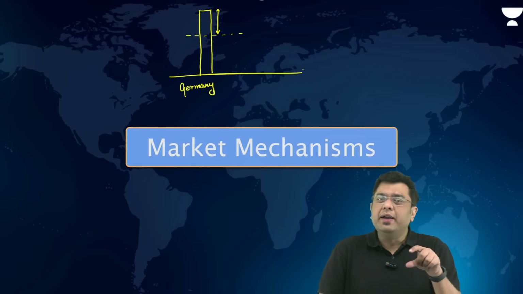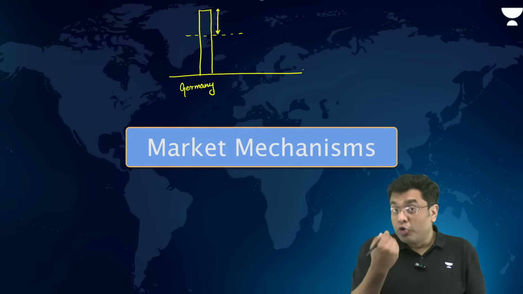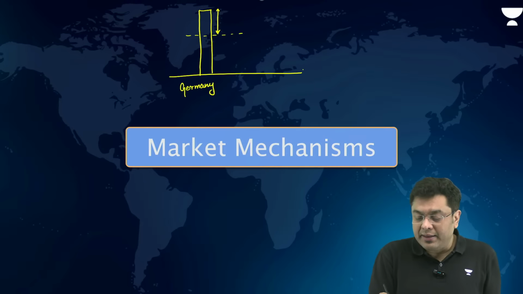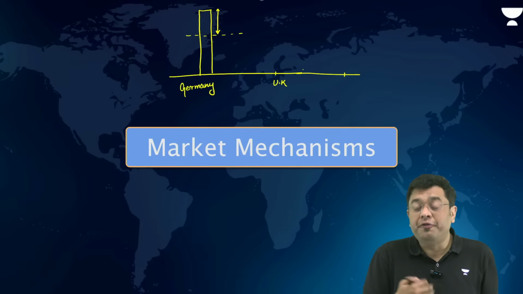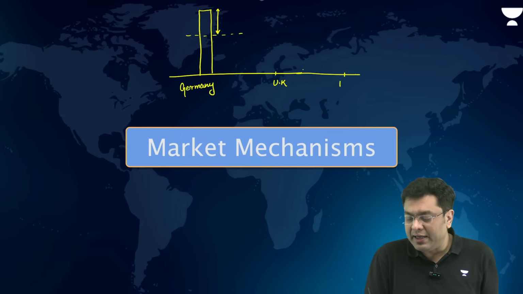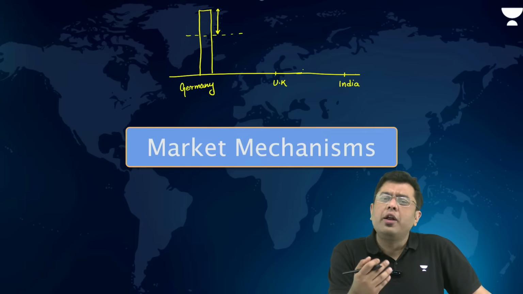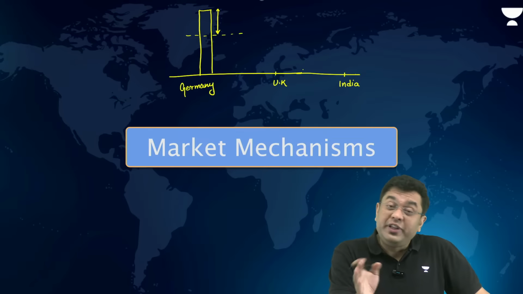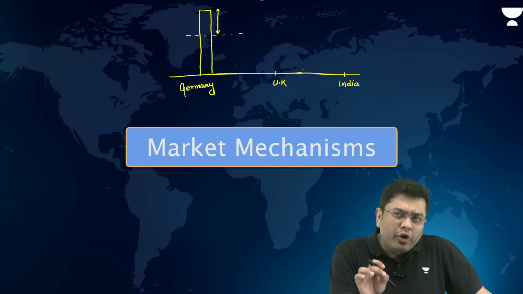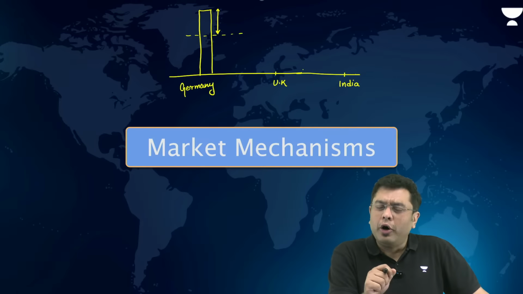So that is where Germany could invest in either another developed country, let's suppose the UK, or could develop a kind of facility in a developing country like, let's suppose, India, whereby they could set up, let's suppose, a solar power plant or a wind energy plant. Now, these renewable sources would reduce the amount of emissions which would happen otherwise in India.